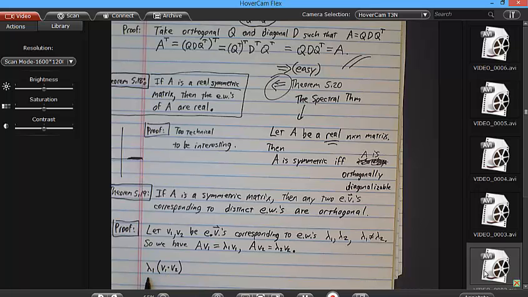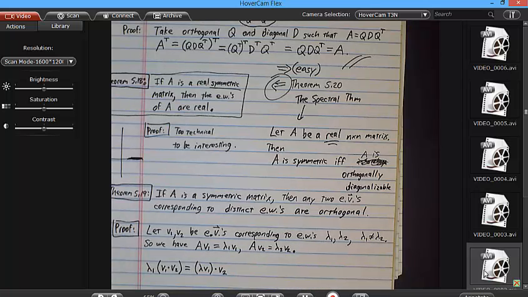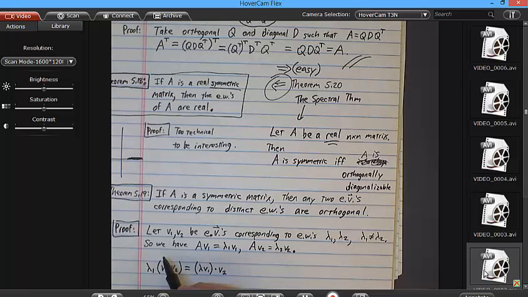I have lambda 1 here. And now, here's a property of dot products that works for us because a dot product, really, you can think of this as V1 transpose V2, right?